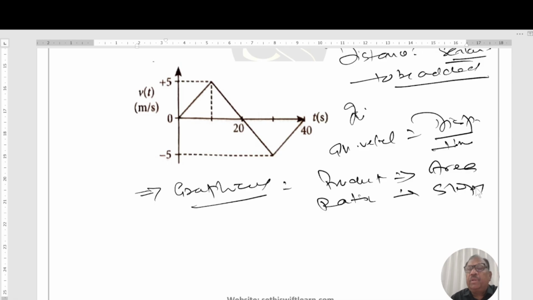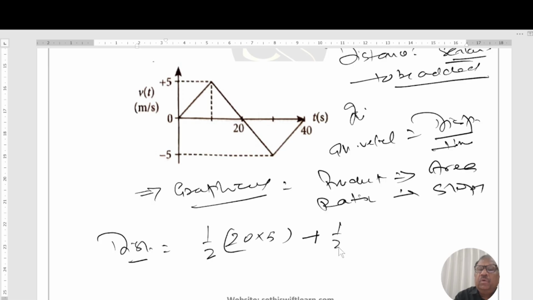We have to find the distance, so area: distance will be equal to the area of this, that is half into 20 into 5, plus, from 20 to 40, half into 20 into 5. That is 50 plus 50, 100 meter.